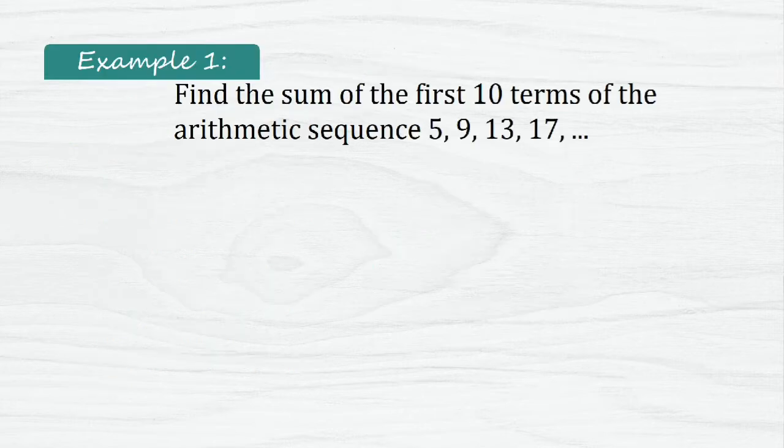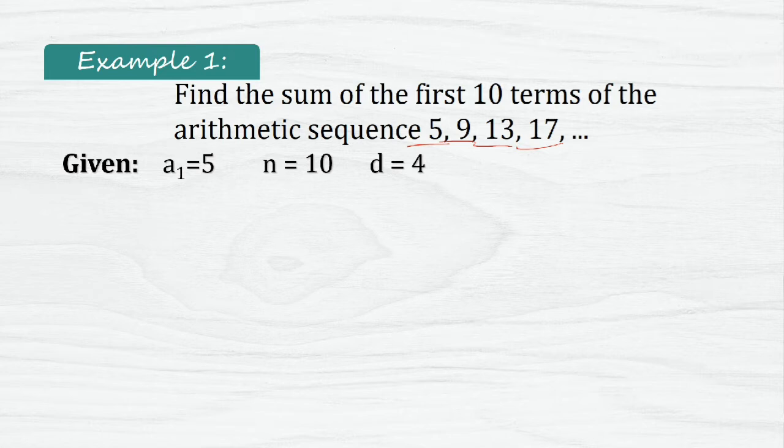For example, find the sum of the first 10 terms of the arithmetic sequence 5, 9, 13, 17, and so on. So first, we're going to identify the given. So we have the first term, which is 5. Number of terms, we have 10, since we're going to find the sum of the first 10 terms.